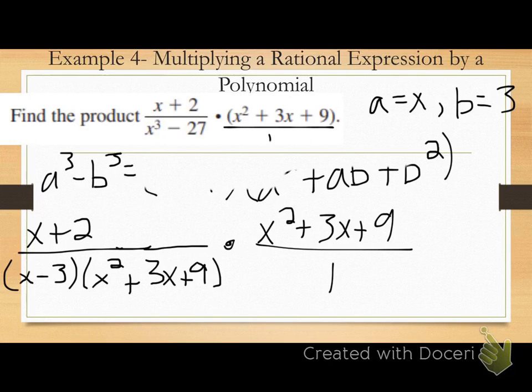So x squared plus 3x plus 9. That was part of my difference of cubes formula. A squared plus AB plus B squared. I just plugged the x in for A, the 3 in for B. X plugged in for A would be x squared. A times B would be x times 3, which is 3x. And then B squared would be 3 squared, which is 9. Okay?